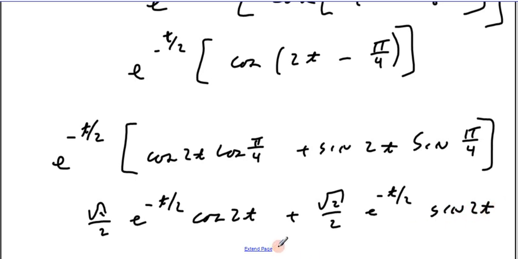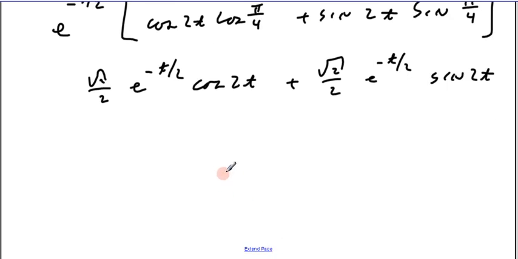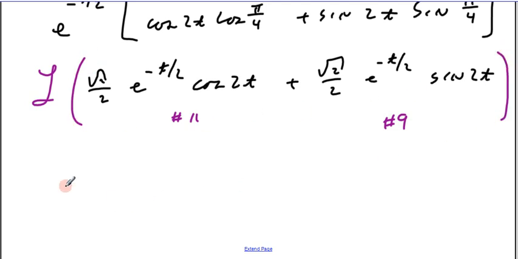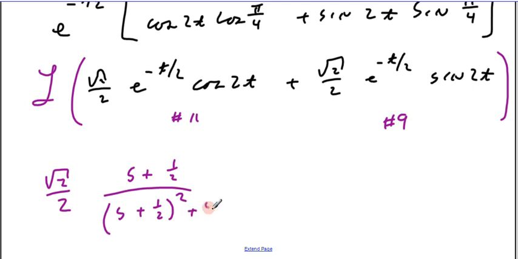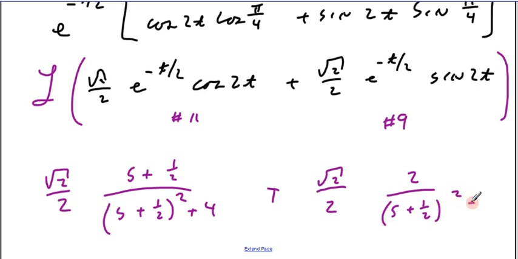Okay, so that's what we have. If we look at number 11 and number 9 on our Laplace transform table, we're going to see that if I take the Laplace transform of this, I'm going to get square root 2 over 2 times s plus 1/2 divided by s plus 1/2 squared plus 4, plus square root 2 over 2 times 2 over s plus 1/2 squared plus 4.